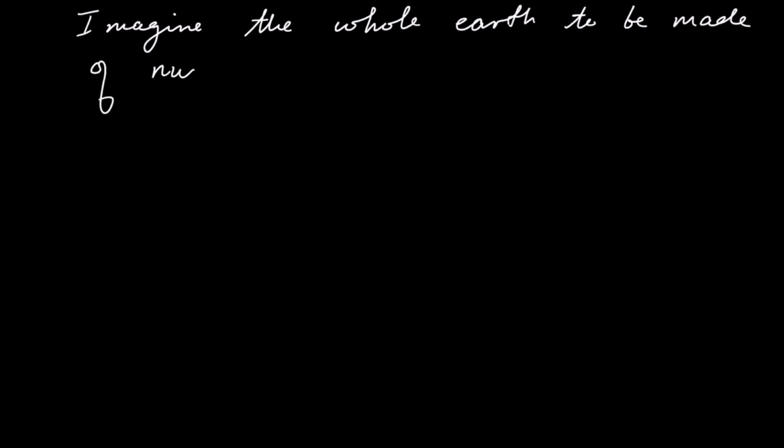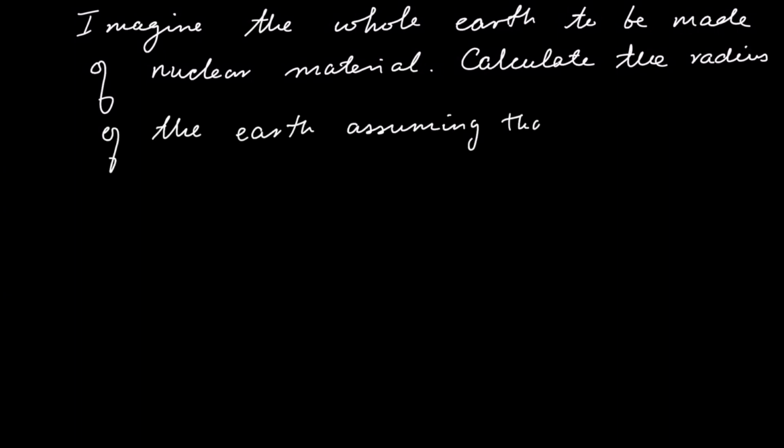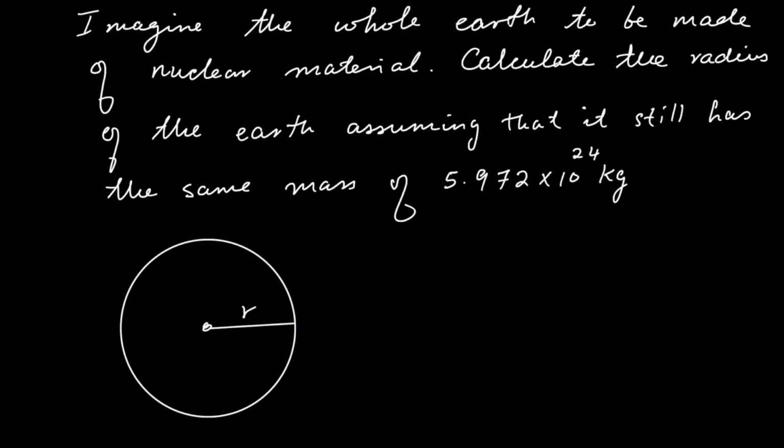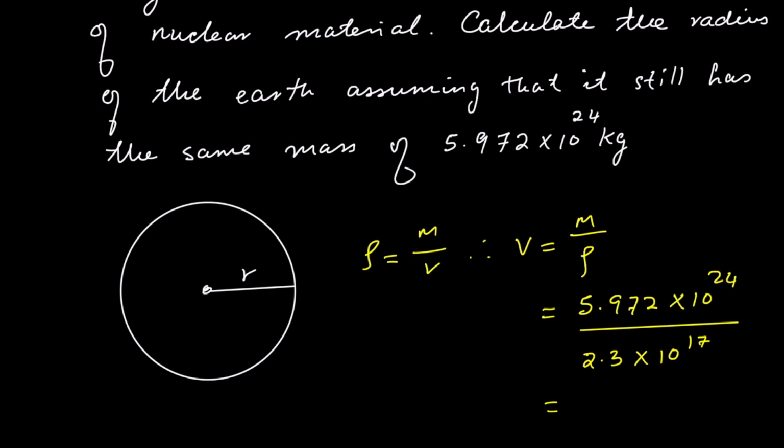Let's imagine the whole Earth to be made of nuclear material. Now let's calculate the radius of the Earth, assuming that it still has the same mass of 5.972 times 10 to the power 24 kilograms. So how big would the Earth be if it were to still weigh the same, but if it's made of the nuclides throughout?